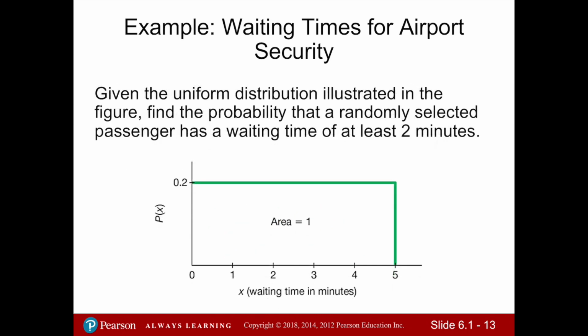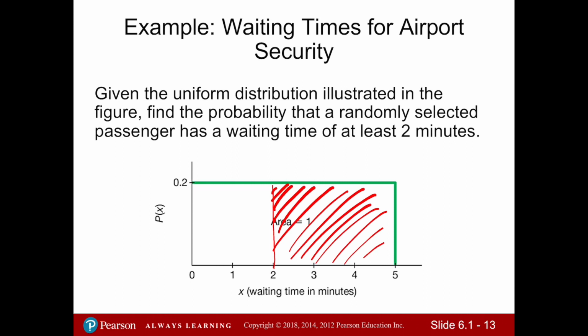So, given a uniform distribution, find the probability that a randomly selected passenger has a wait time of at least 2 minutes. As we'll see in the pictures below, if I want at least 2 minutes, I look at my 2-minute mark, and that encapsulates all of the times greater than that.